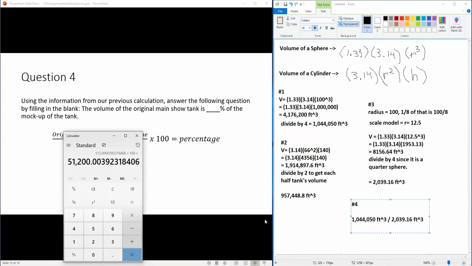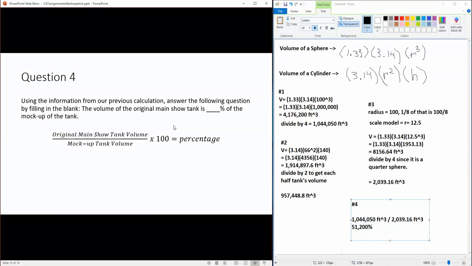That's how much bigger the actual volume is compared to the other. So literally the answer, it's going to look really weird, really big. You can call it 51,200%. Okay, so you have to take, again, the original volume, divide it by the volume of the scale model, and then multiply that number by 100, and that gets you the percent.